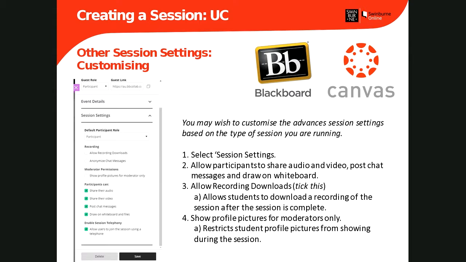Now this might differ slightly depending on the size of the session. If you have over 100 participants, you may not want them all to be able to share audio and video, but generally for general student Collaborate sessions, you're going to have all of these ticked so that the participants can do these things.